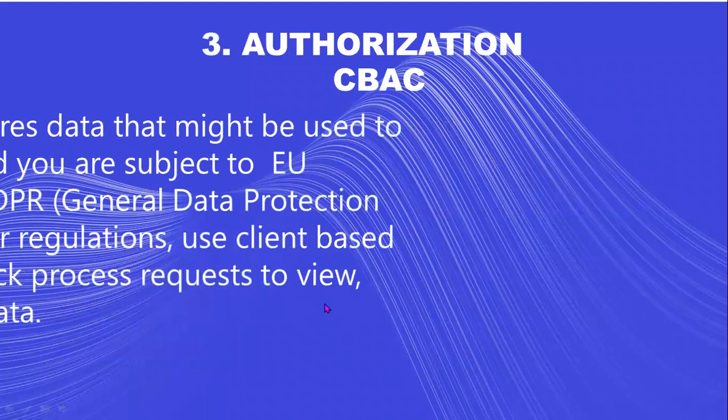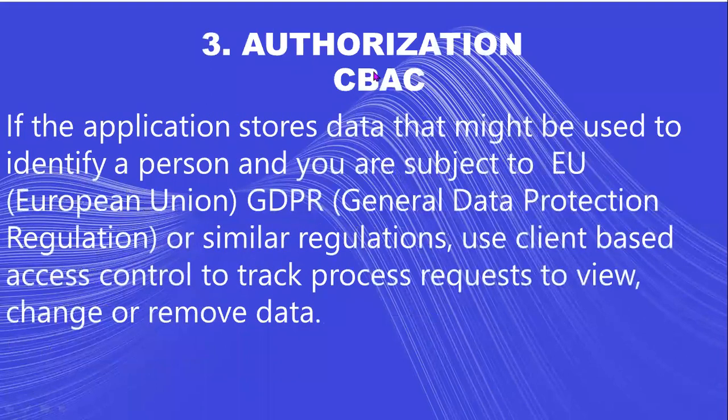And then authorization through CBAC, client-based access control. If the application stores data that might be used to identify a person and you are subject to the European Union General Data Protection Regulation, there are some rules which must be followed by any PEGA application, or any application, not only PEGA.